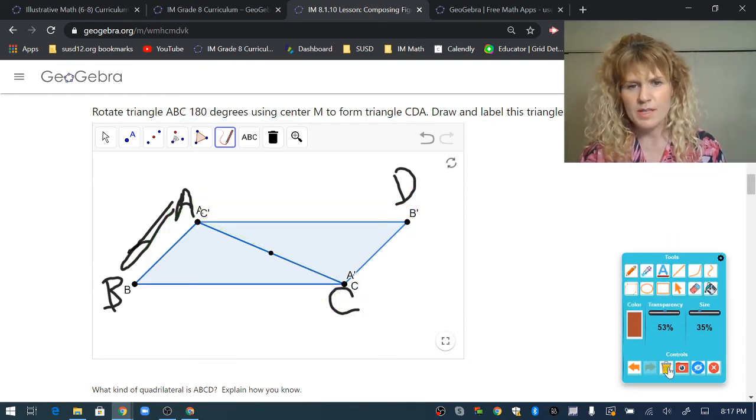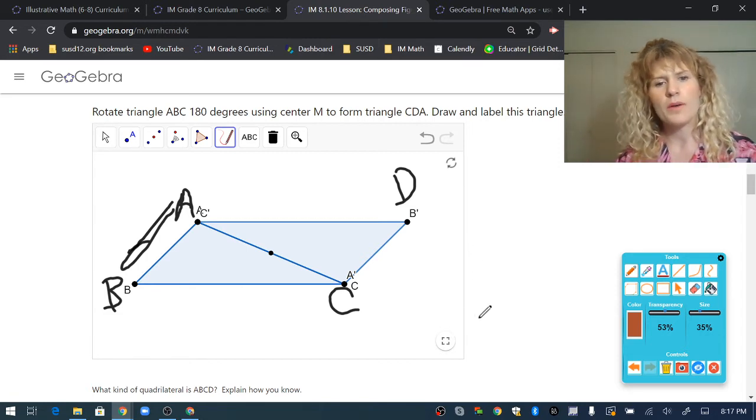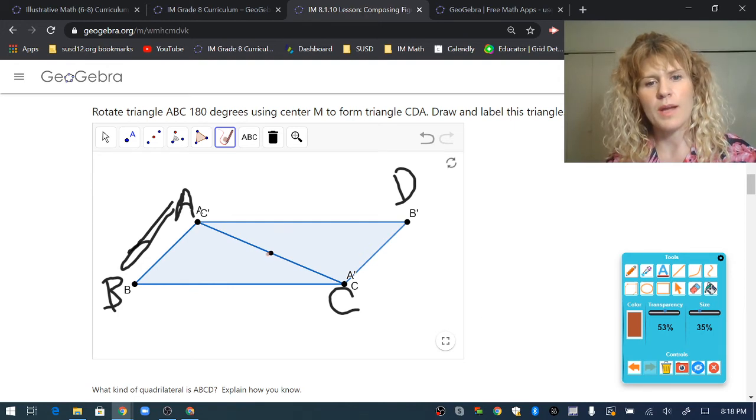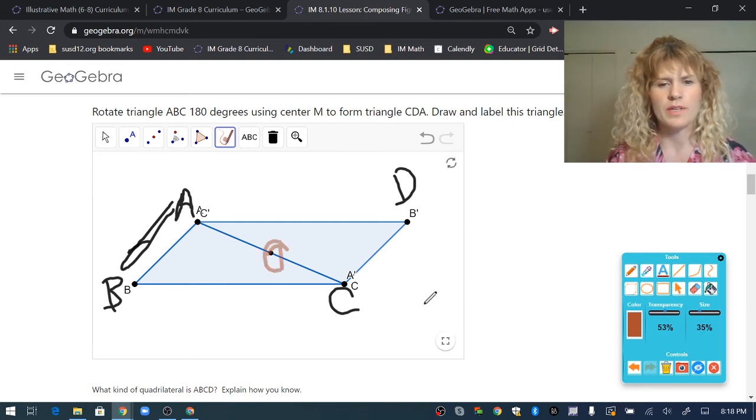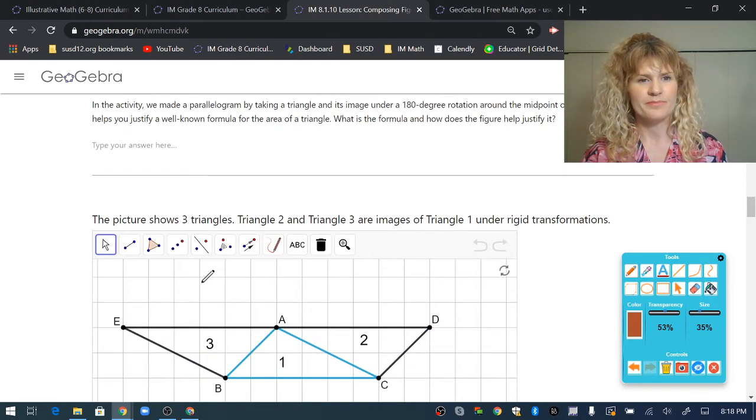Okay, let me erase all my marks. Yours is going to look like this parallelogram here. Remember, rotate triangle ABC around the midpoint right here. Rotate 180 degrees. Next question.